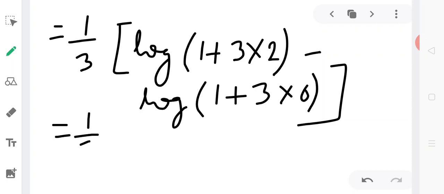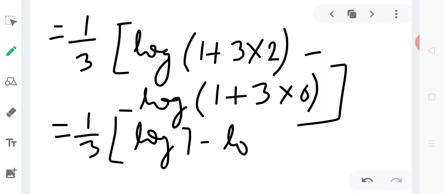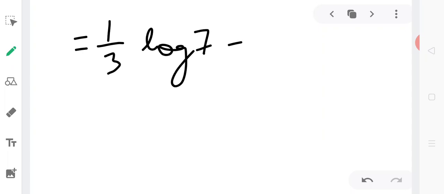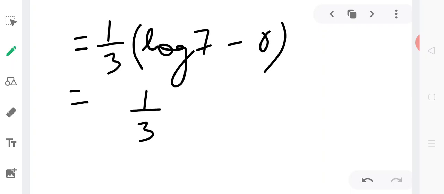So you are left with 1 by 3 log of 7 minus log of 1. Now we know that log of 1 is 0. So 1 by 3 log of 7 minus 0. So that will give you 1 by 3 log of 7.